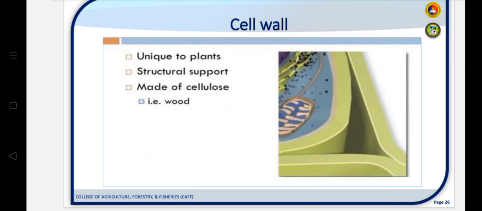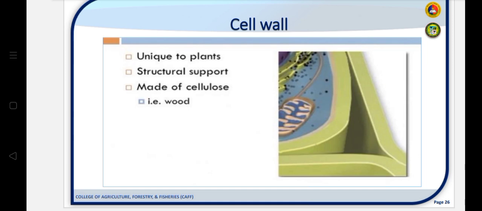Now, how about the cell wall? The cell wall is unique to plants. It is found only in plants, not in animal cells. It provides strength and rigidity, helping plants stand tall. So it's like a concrete wall that keeps the plant upright.